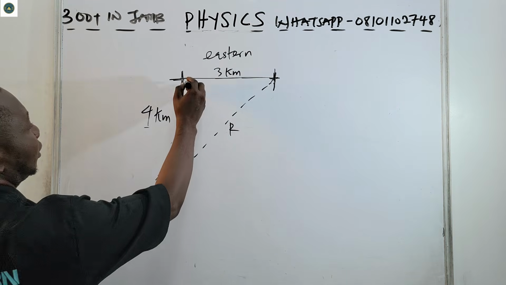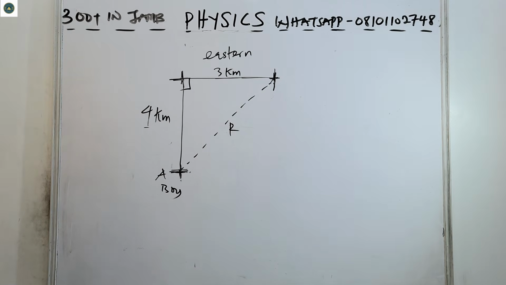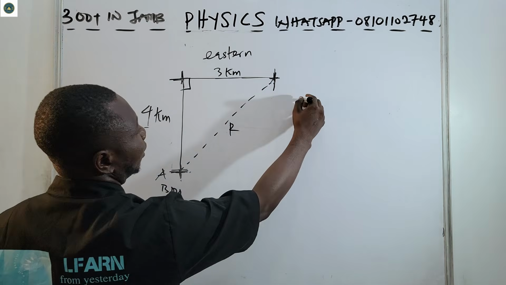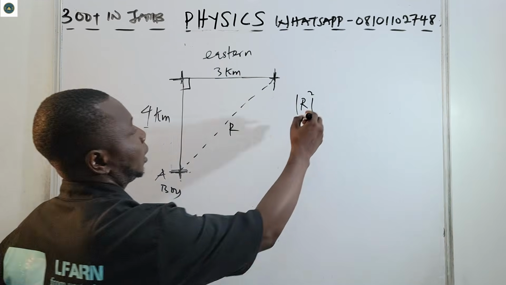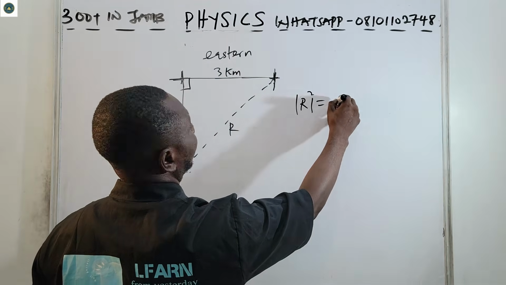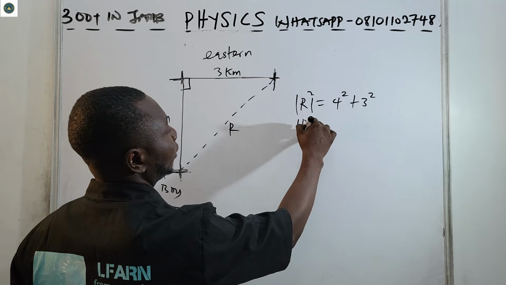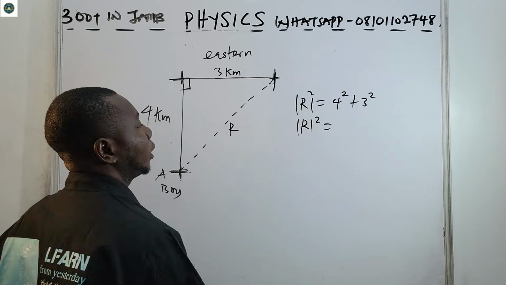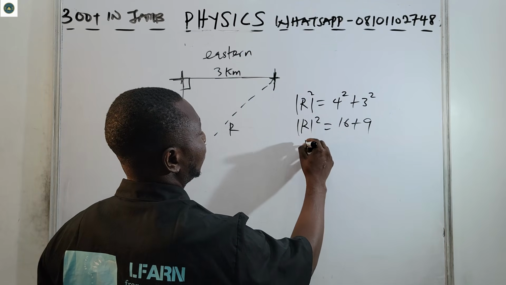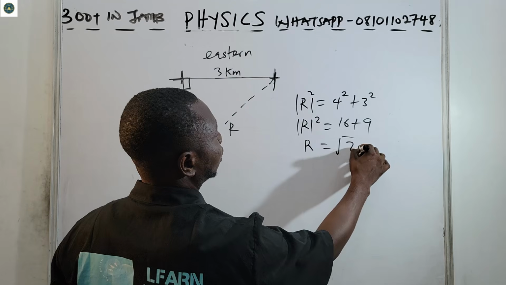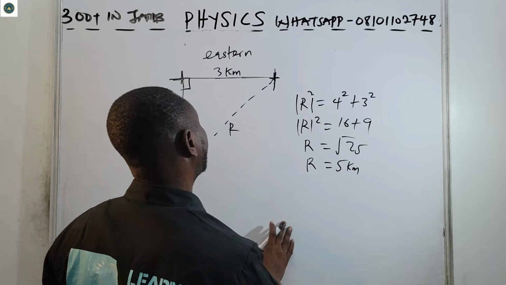If that's the resultant, this is 90 degrees, so definitely Pythagoras will come to play. R squared equals 4 squared plus 3 squared. So R squared, what is 4 squared? 16, plus 3 squared is 9. So R is the square root of 25, so definitely we have 5 kilometers.